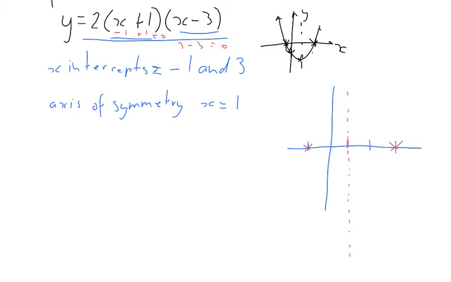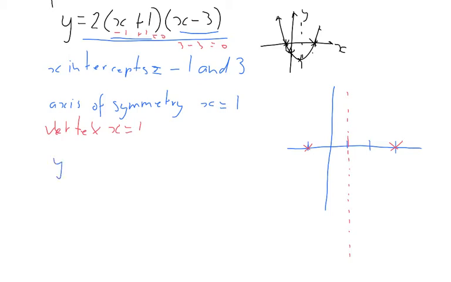So to find the vertex, x = 1, we substitute that into the equation.